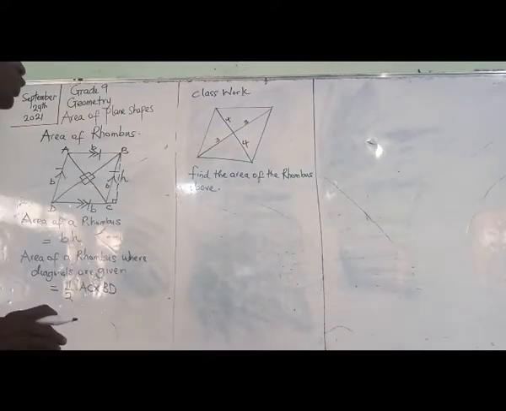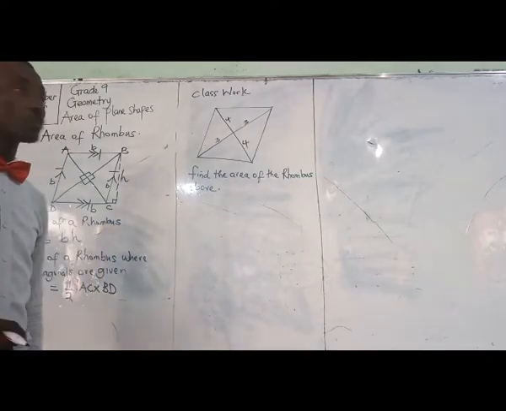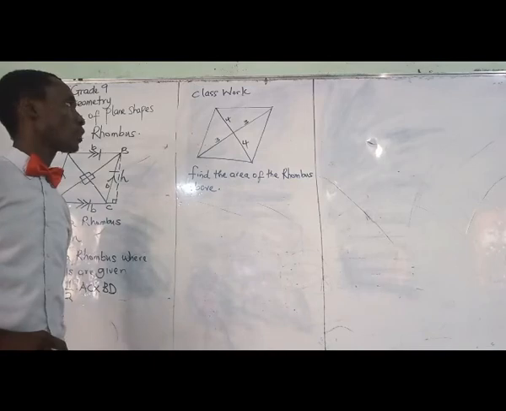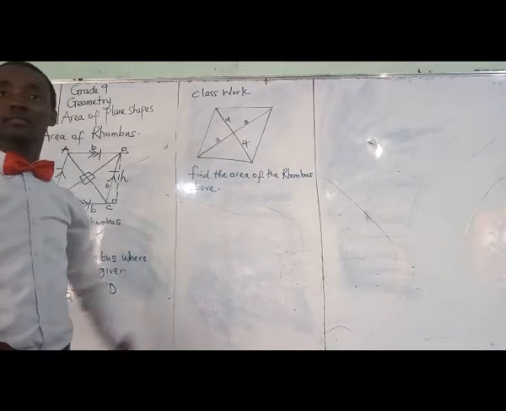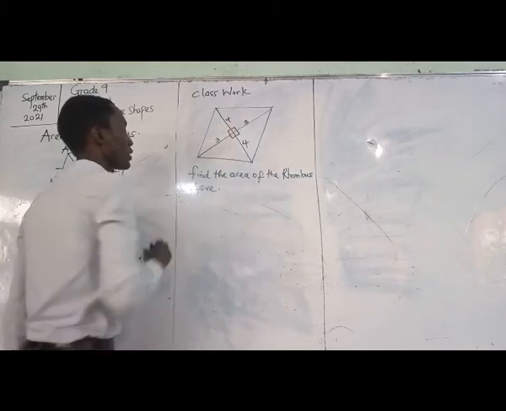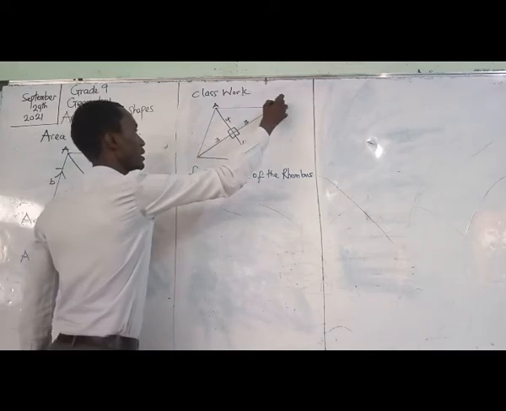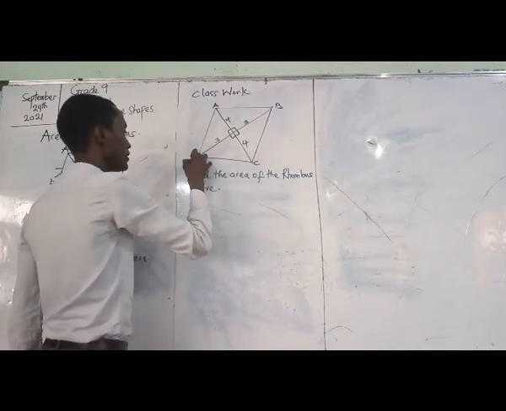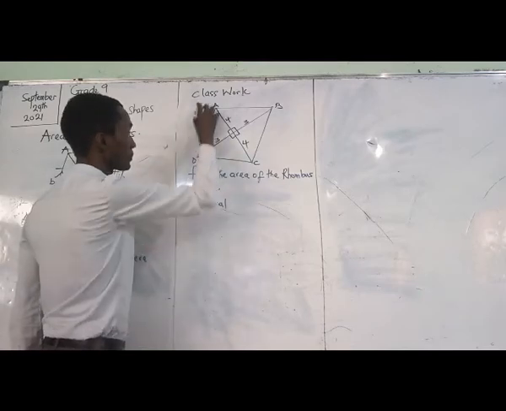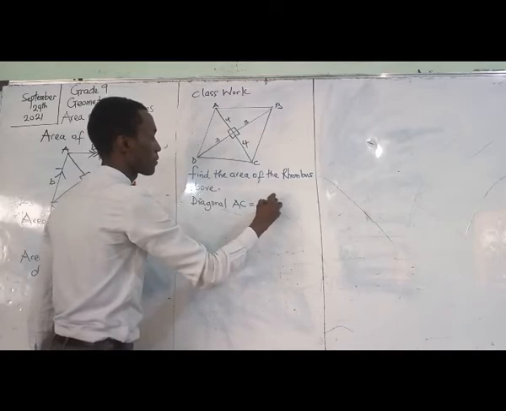Find the area of the rhombus above. So to find the area of the rhombus, we need to look for, what we are given are the diagonals. Is that not? Remember I told you that anytime you have something, so we can call this, let me label it A, B, C, D. So diagonal AC is equal to what? 4 plus 4.